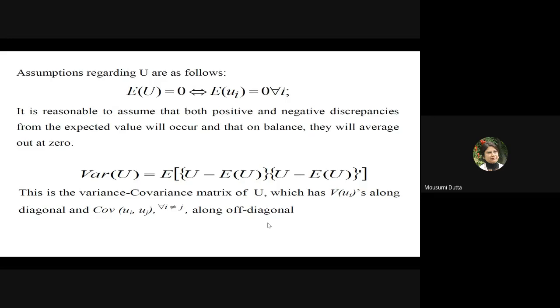So actually, in that case, if I multiply the row with the column, I'll get summation ui square.